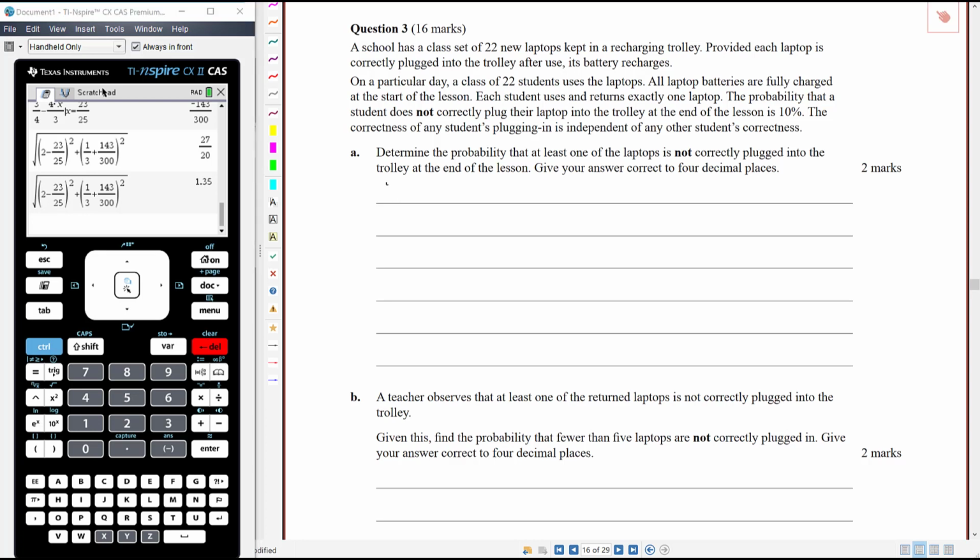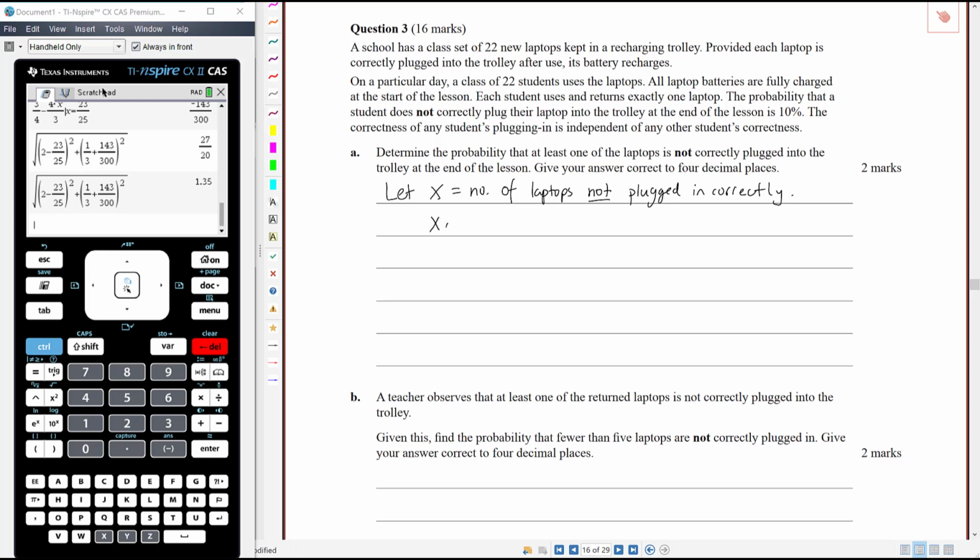So I'm going to let X be the number of, in a binomial distribution it's always the number of laptops not plugged in correctly. Sometimes you need to be careful about using negatives and make sure that you're consistent with how you interpret it throughout the question.